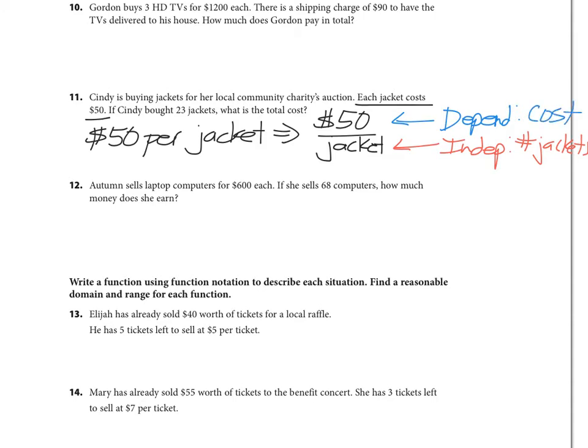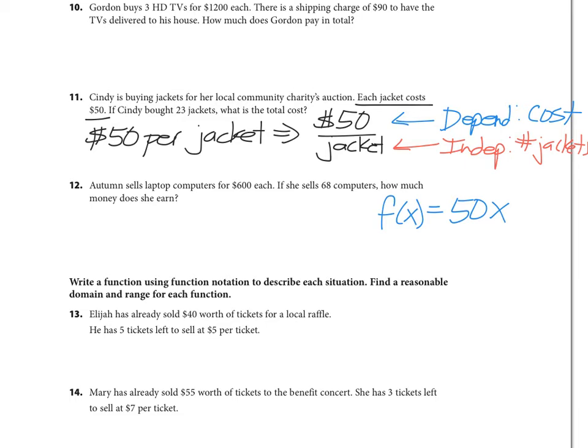Now, that's also going to be important to us as we start graphing later on, because we'll have to label our x and y axis. Okay, so we write function notation again. So f of x equals 50 times x. So depending on how many x jackets we get, will tell us our cost by multiplying by 50.